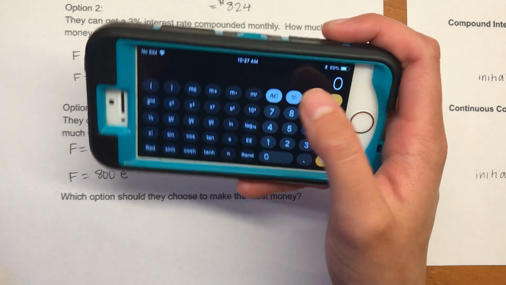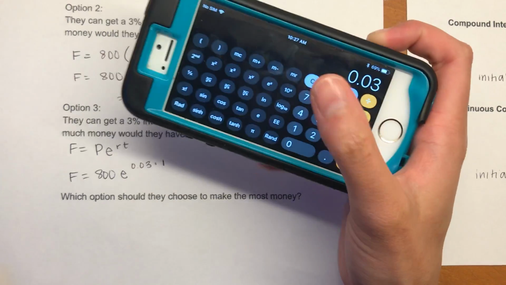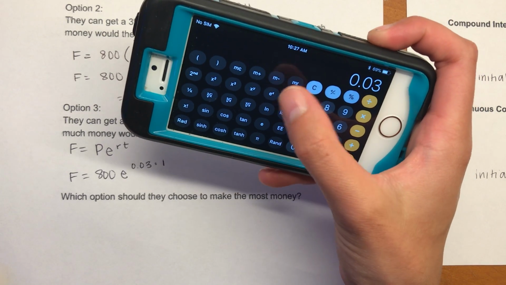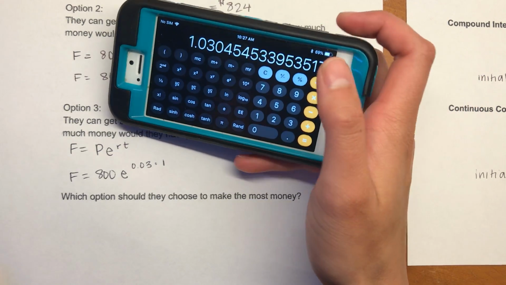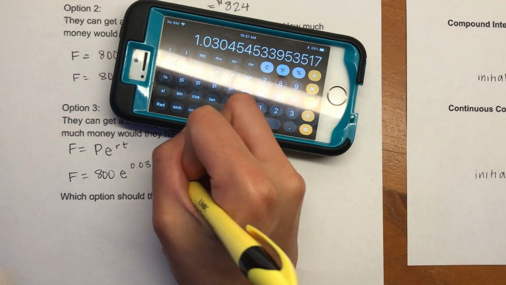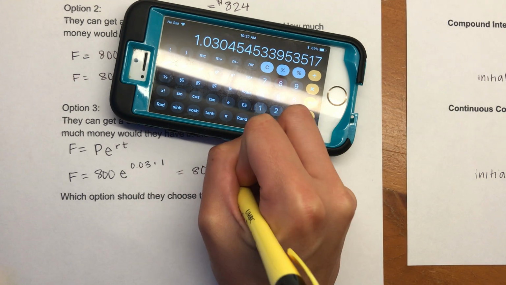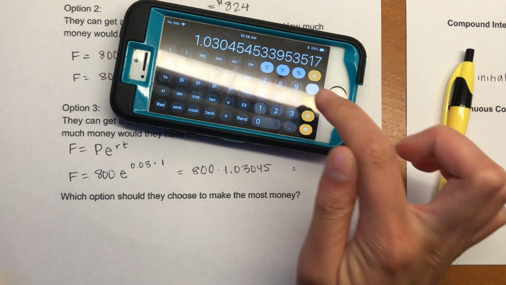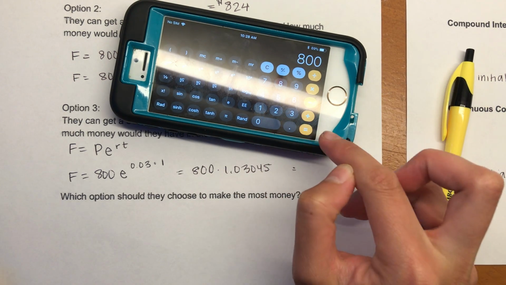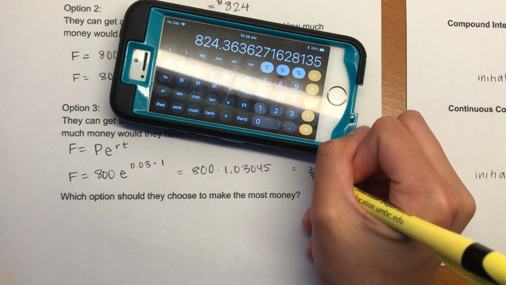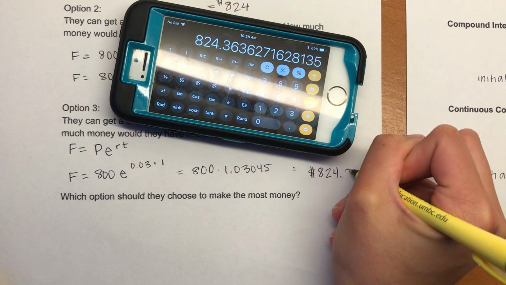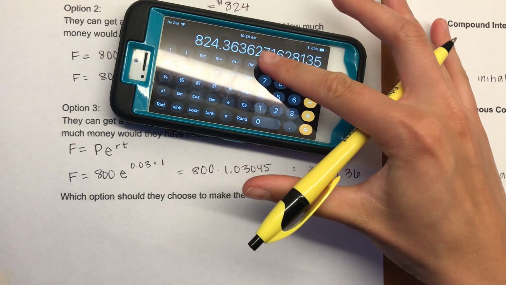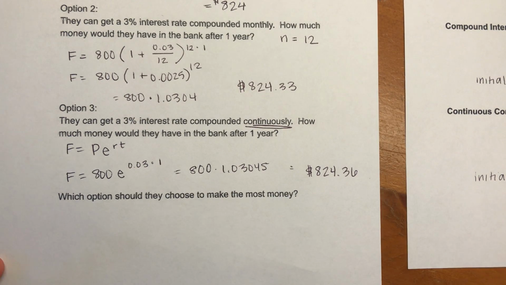Let me do that again. 0.03, and then I touch the e to the x button. Okay? So I get 800 times 1.03045, which is going to be, so if I multiply this by 800, I get $824.36.